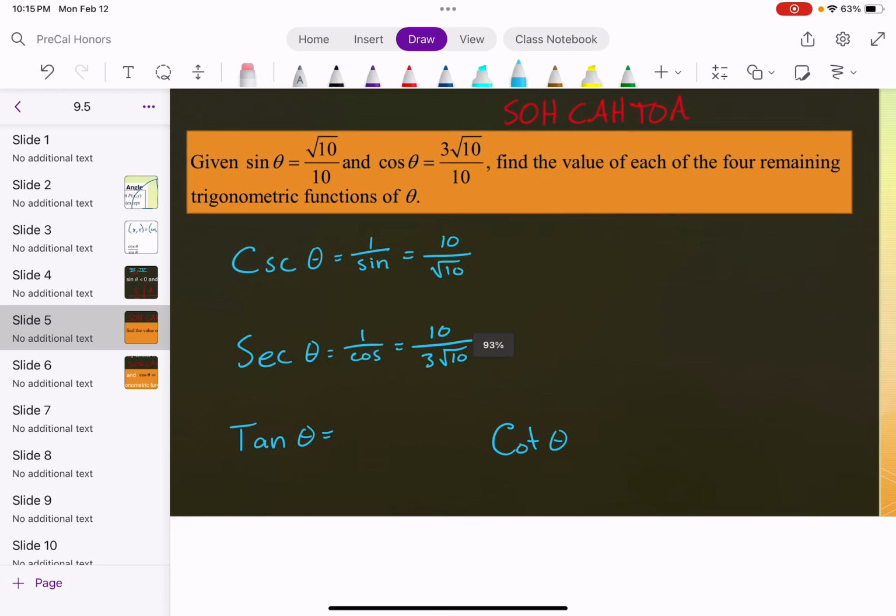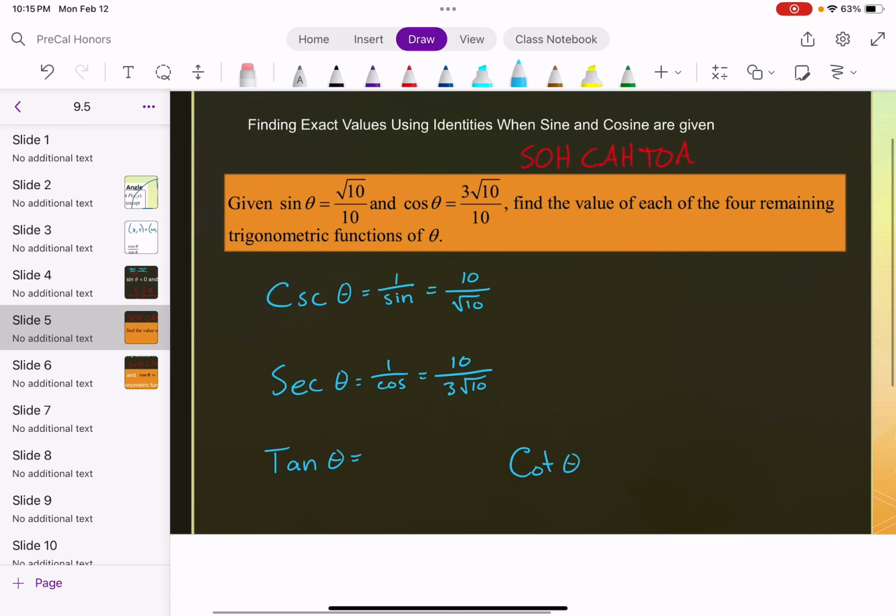Well, we first have to understand what is being given to us. Sine was initially given to us, sine of theta, and notice sine of theta was positive. A positive square root of 10 over 10. And cosine was also a positive 3 square root of 10 over 10.